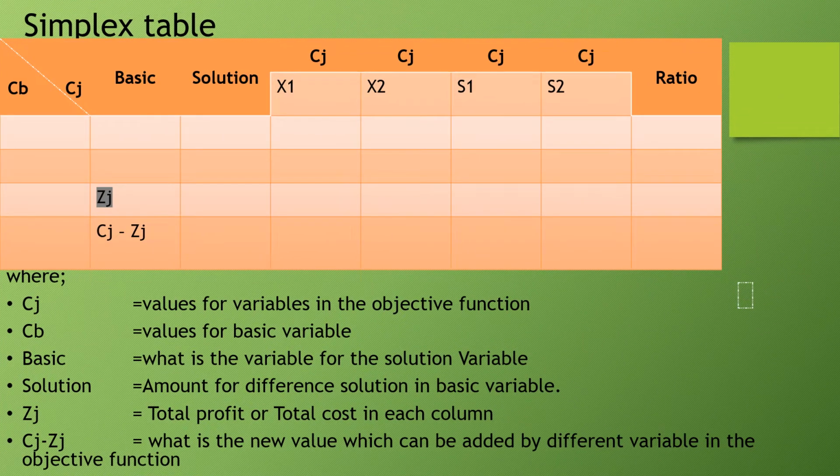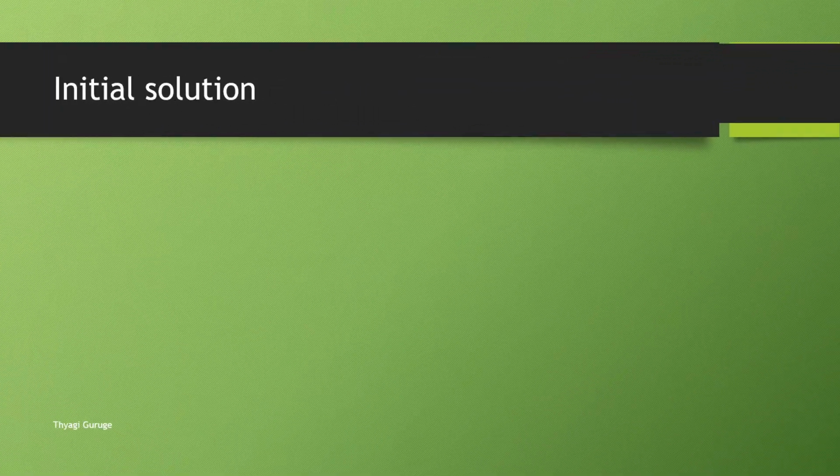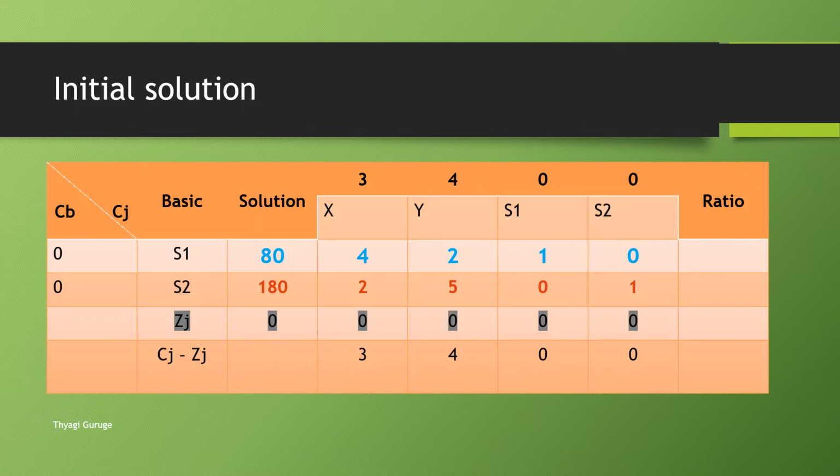Now, let's closely look at the simplex table again. Now, I am going to explain the initial solution. In the table, the first thing we are going to do is put the objective function. As I mentioned earlier, the Cj value represents the values in the objective function.